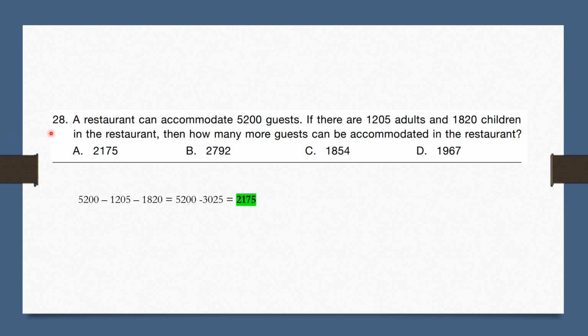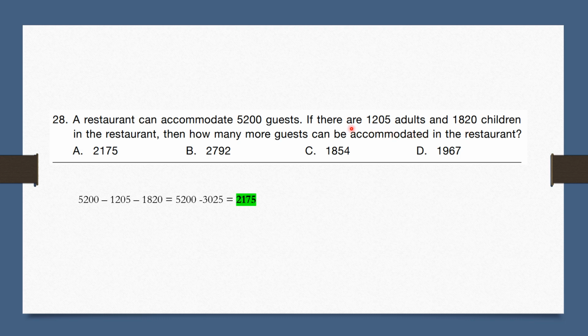Question number 28. A restaurant can accommodate 5,200 guests. If there are 1,205 adults and 1,820 children in the restaurant, then how many more guests can be accommodated in the restaurant? So it can accommodate 5,200 guests. How many are already there? 1,205 plus 1,820.